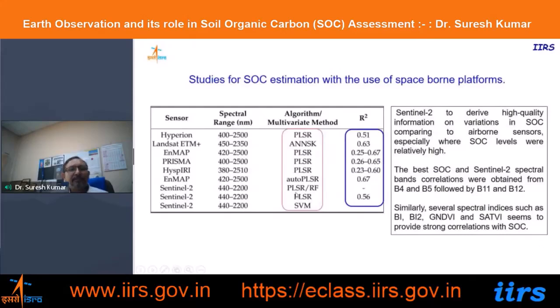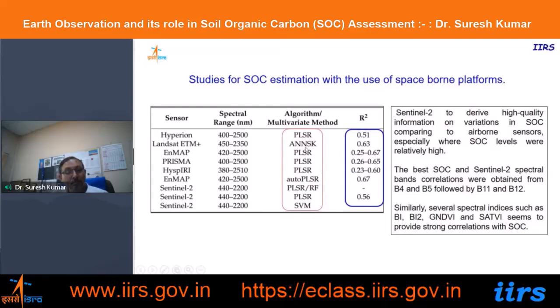If we see what studies show, various researchers have used remote sensing data for mapping of soil organic carbon. They have used sensors such as Hyperion, Landsat, EnMAP, PRISMA and Sentinel-2, and various statistical methods, which I showed earlier.